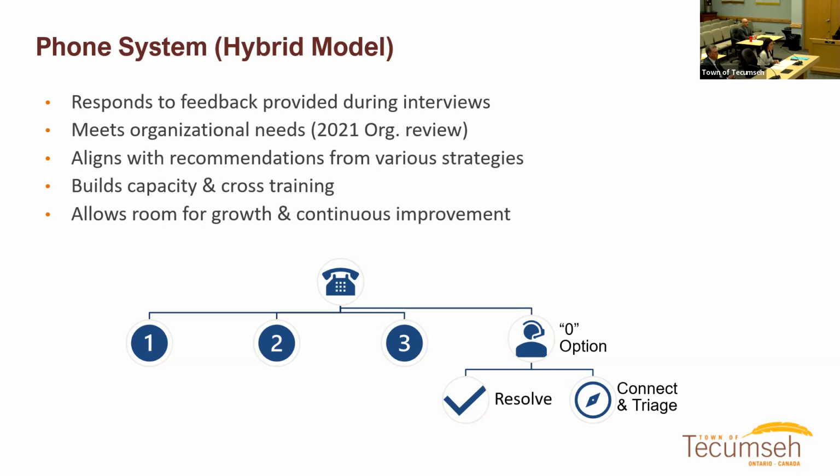So what this visual illustrates is that from the main phone line, what the goal will be is to still have the options to select by department, but there will be the option to select 0, which will be a phone queue that will have someone answering the phone live, if that's the selection that the customer wishes to select. And from there, their options will be to either hopefully have a knowledge base available to triage and resolve the issue, or if that's not the case, to connect and triage to the correct employee who can handle the inquiry or any follow-up that needs to happen.